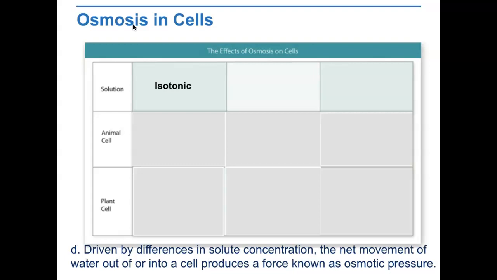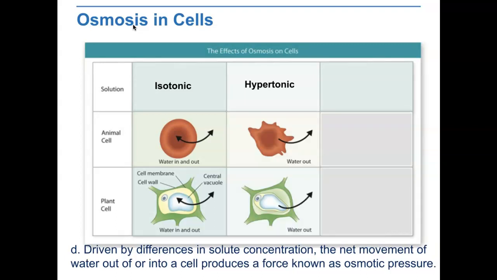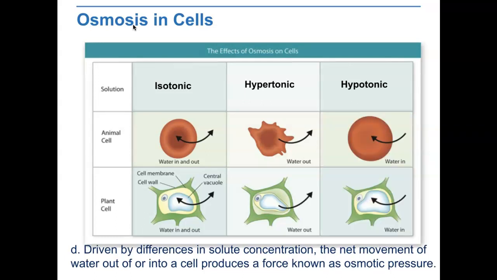Because cells contain salts, sugars, proteins, and other dissolved molecules, they are almost always hypertonic to fresh water. As a result, water tends to move quickly into a cell surrounded by fresh water, causing it to swell. Eventually, the cell may burst like an overinflated balloon.